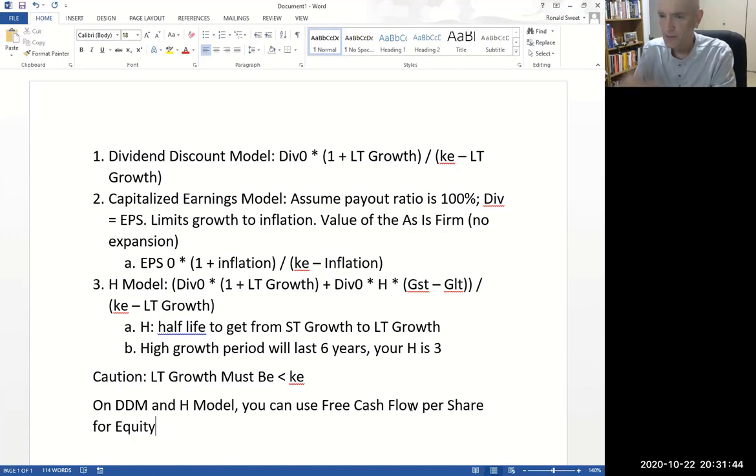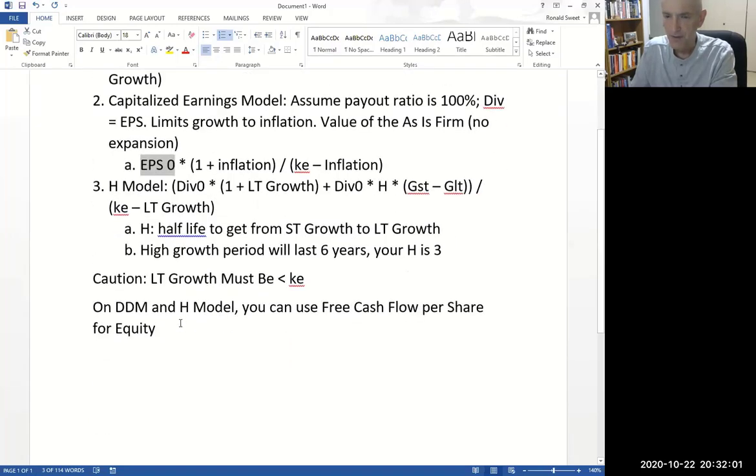So if you subtract out the interest expense, it's now for equity, so it's free cash flow for equity, and you can use that to value the firm. And so if your firm doesn't pay dividends, that's why we can substitute that for this. You don't need it for the cap earnings model because you're using earnings per share, and hopefully your firm has positive earnings per share. Okay.